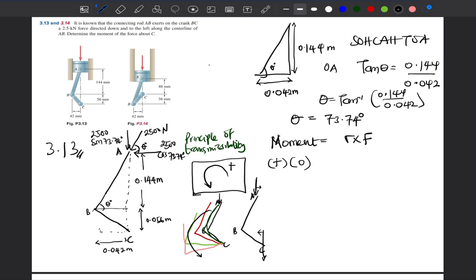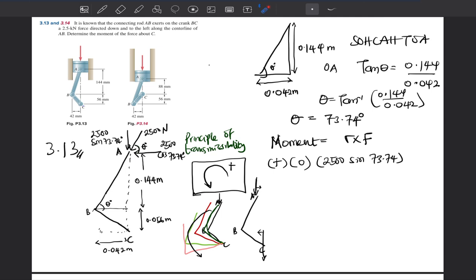Then we're going to write our force. Since we're calculating for the vertical component, it's going to be 25 sine 73.74. Then we move on to the horizontal component here. So we are going to do the same thing for this. We are going to look for the symbol of our calculation.